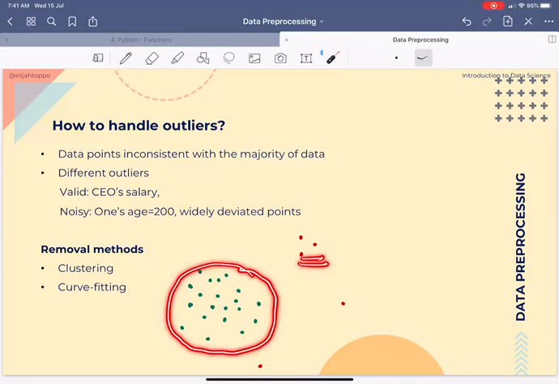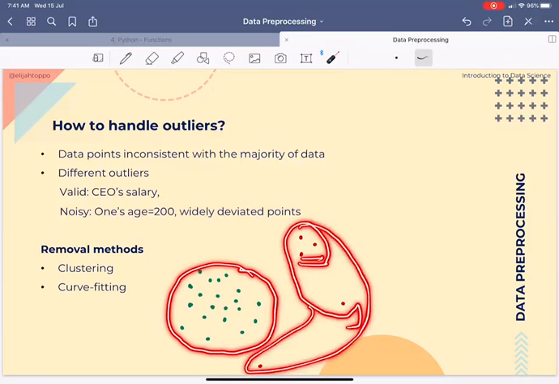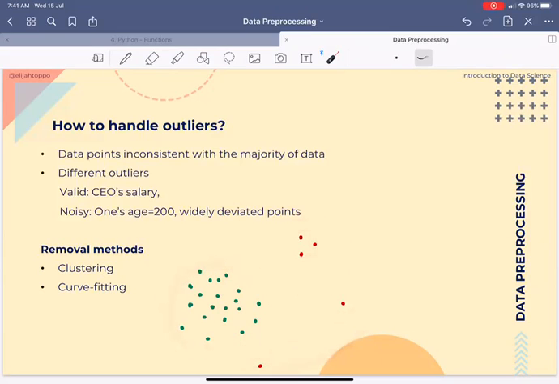Either dealing with them by putting them together and taking a common value, or clustering them, removing them, or trying to modify them, update them to somewhere in the middle. Depending upon which scenario you're looking at, different solutions may be used, and different solutions may be valid as well.